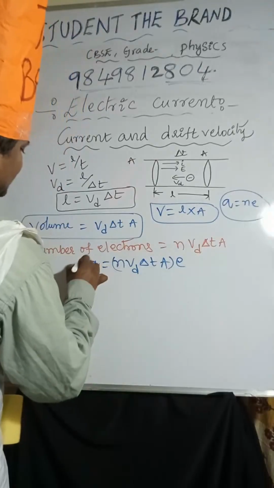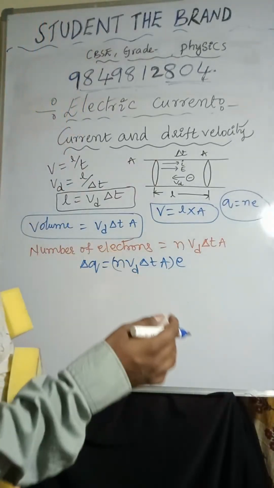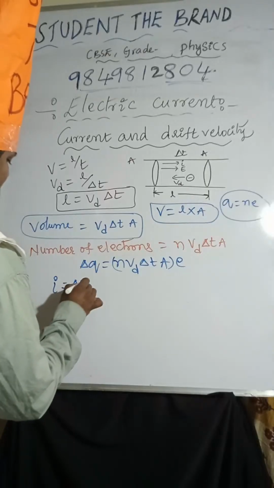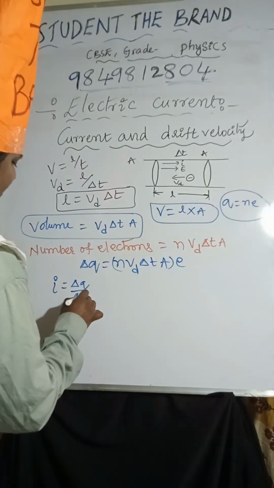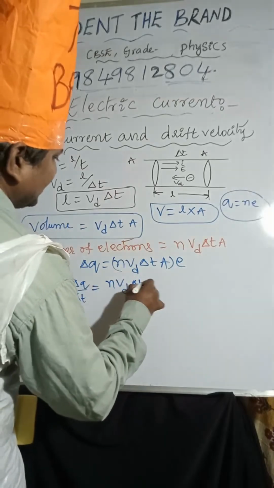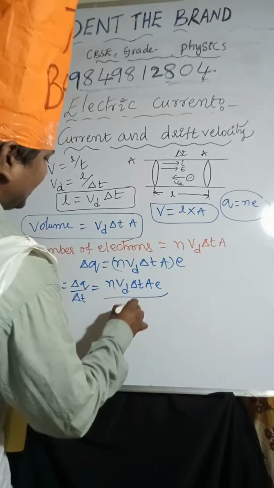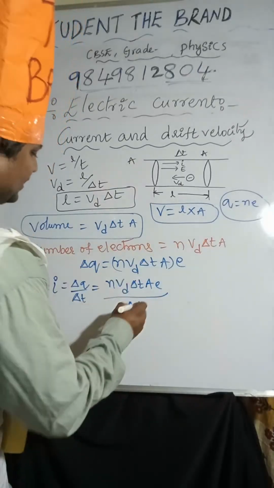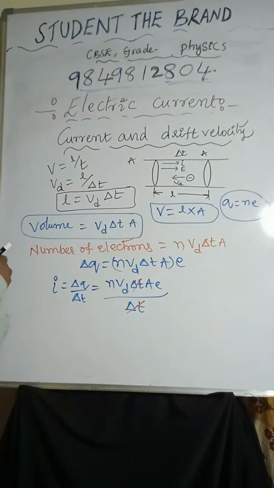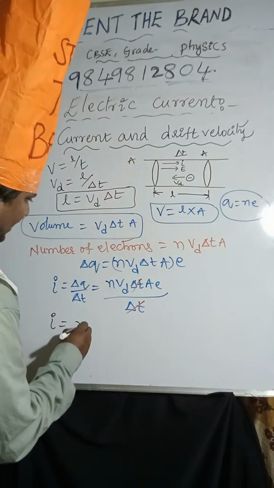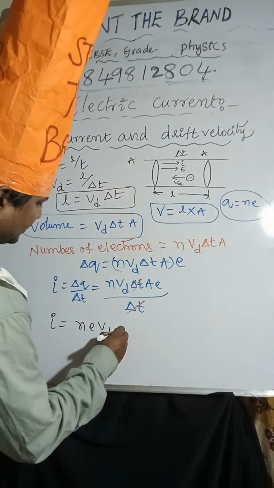Now we know current: I equals delta Q by delta T. So delta Q is N Vd delta T into A into e, divided by delta T. Delta T gets cancelled, and the remaining values give I equals N e Vd into A.